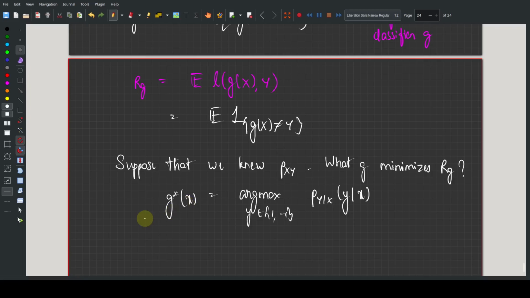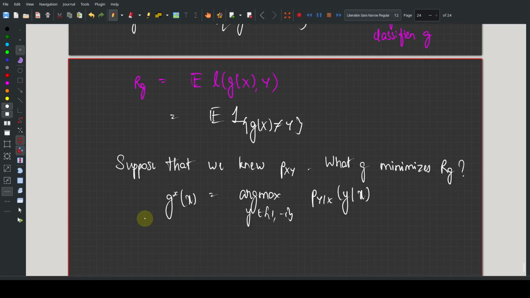If you go back to your digital communications course, one way of interpreting this is that y is a BPSK symbol that is transmitted through a channel. The channel could be much more general. y is what is being transmitted, and x is what is observed at the output of the channel, and you want to estimate what was transmitted given what you have received.